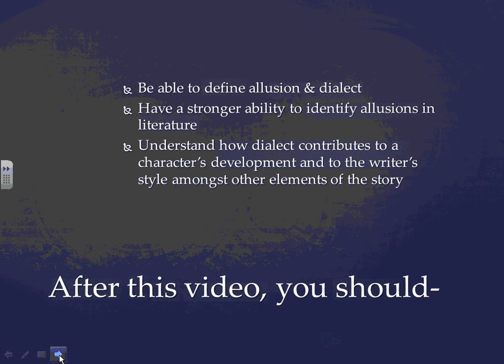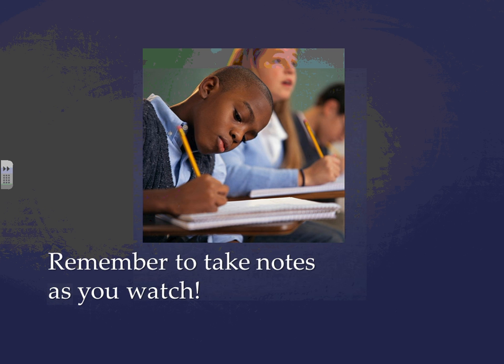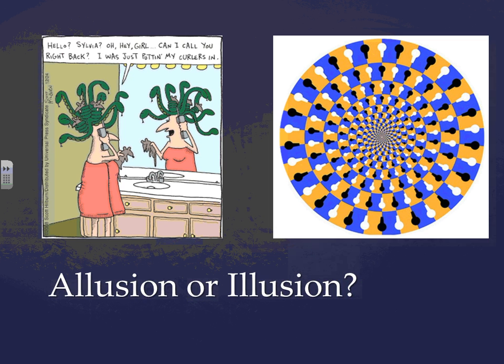It's really important that you know that you're shooting for these learning targets. So don't forget, do take notes as you watch. Just follow your guided notes, and you should be able to see where it lines up with the video.